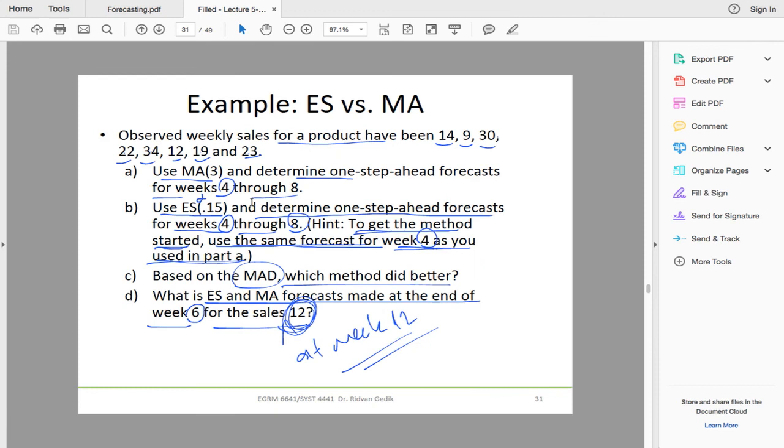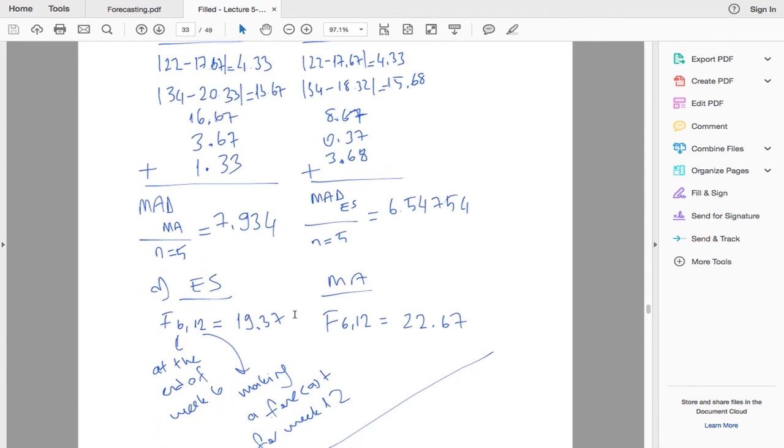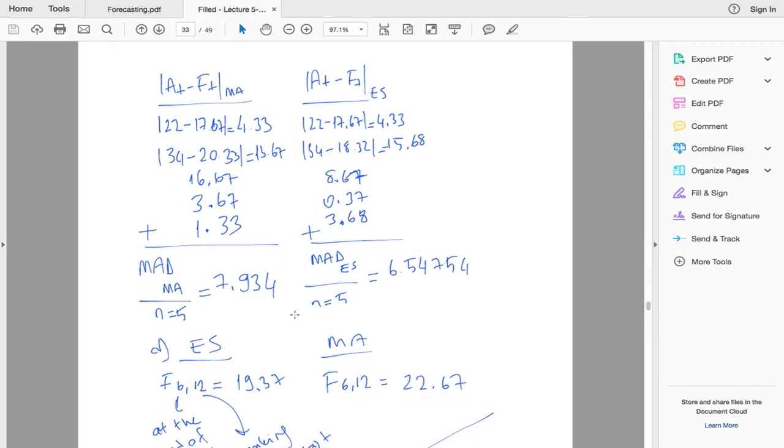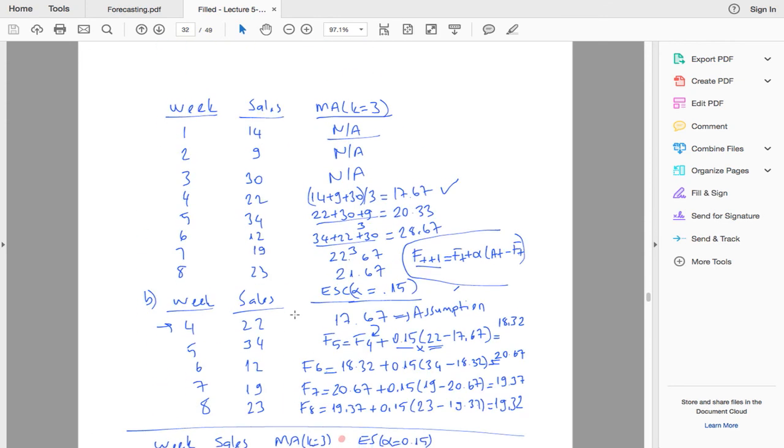And the last question, let me go to the last question. That question was about what the exponential smoothing and moving average forecasts are, made at the end of week 6, for the sales in week 12. So the question asked me to make a forecast at the end of week 6 for week 12. Here, let me go back to my forecast.